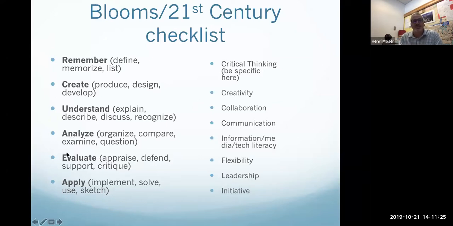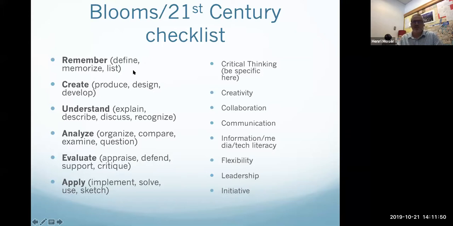Okay, so you can get very specific with these as opposed to just say critical thinking. But again, those 21st century skills that we've been learning the last 6 months, creativity, collaboration, communication, tech literacy, flexibility, leadership, initiative. So there needs to be evidence of your lesson plan that you're focusing on these skills and living in the appropriate areas of Bloom's.